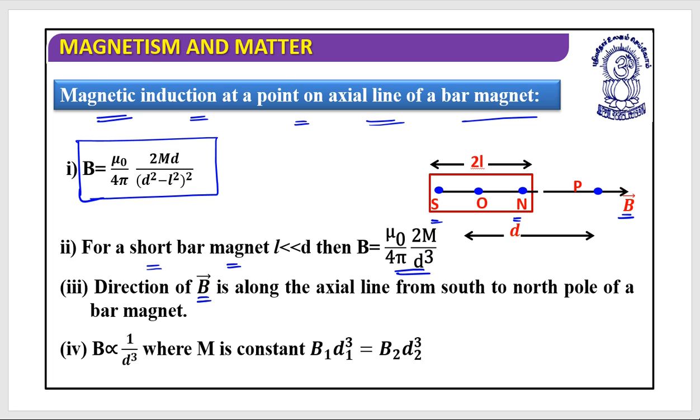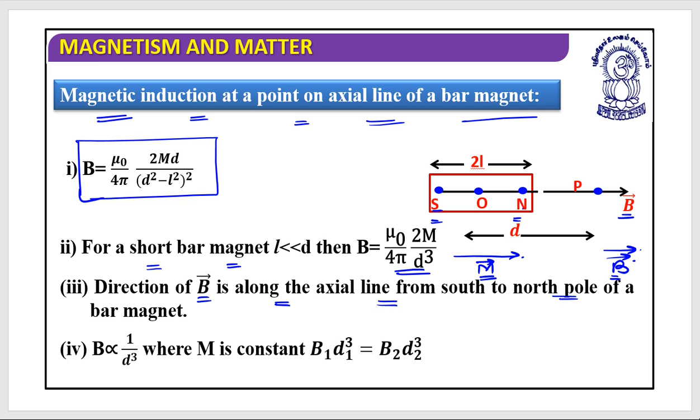And the direction of magnetic field B is along the axial line, from the south to the north pole of a bar magnet. So this is the south pole, this is the north pole. This is the direction of the magnetic dipole moment, and this is the direction of magnetic field B. As I can see, these two are in the same direction.